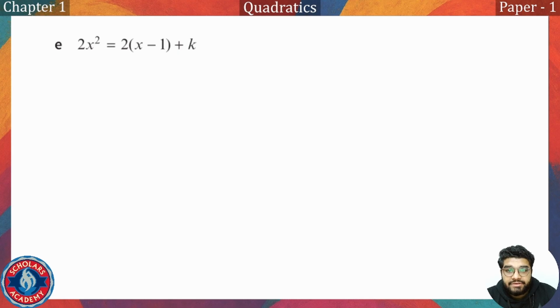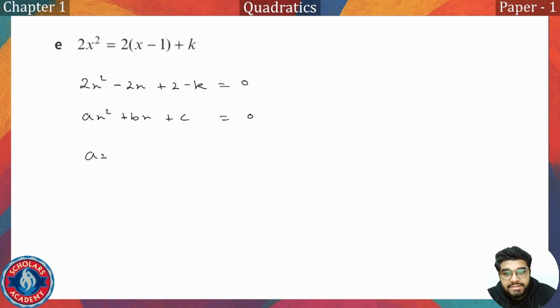Alright, let's simplify it first of all and bring everything to the left hand side. We get kx square minus 2x plus 2 minus k is equal to 0, right? If I compare it with the general equation ax square plus bx plus c is equal to 0, I get a is equal to 2, b is equal to -2, c is equal to 2 minus k.